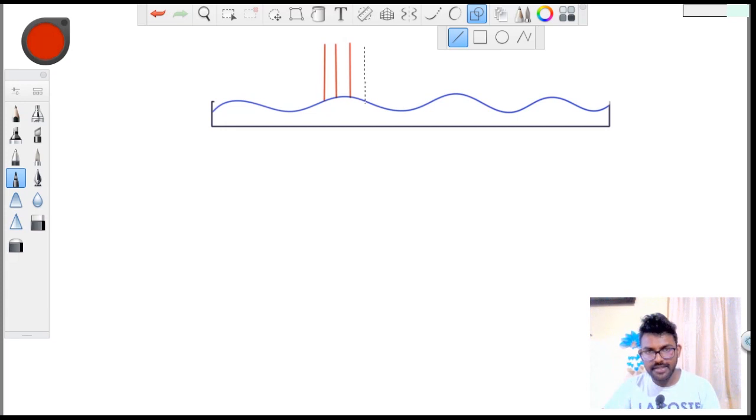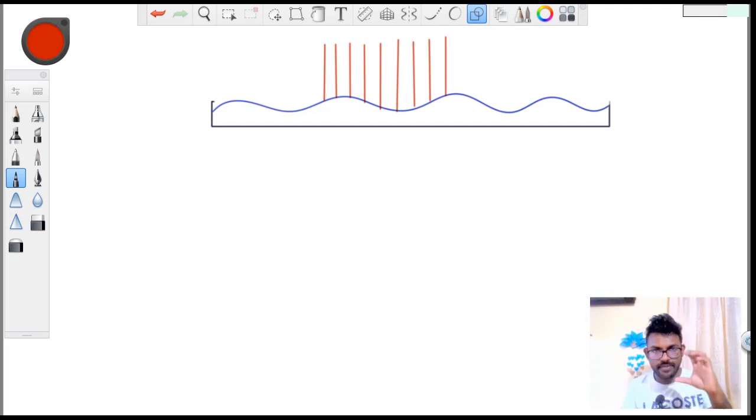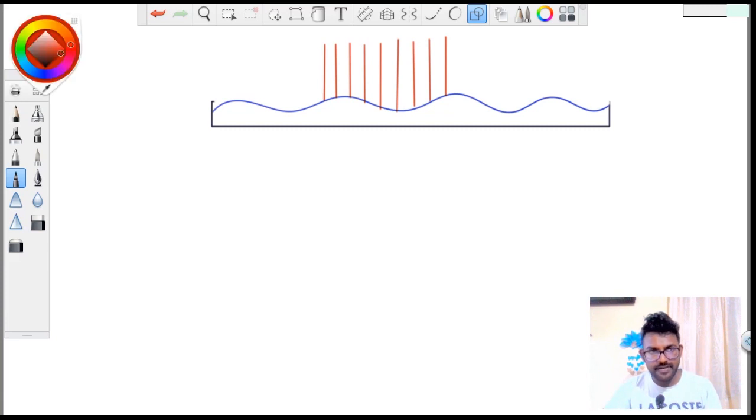Now let's say the parallel beams are falling onto the water surface like this. At this part, the thickness of the water, the medium, is larger. So these parts are acting like, what kind of shape is this? They are acting like a concave mirror. Sorry, convex lenses. These are acting like convex lenses.